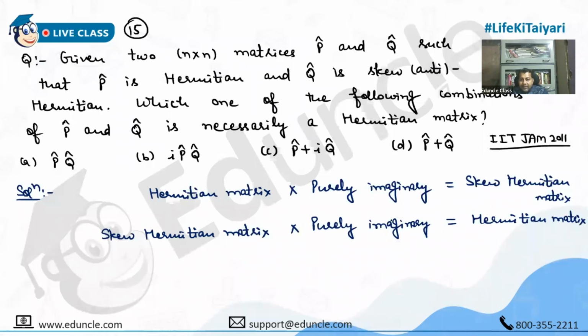So P is already Hermitian. Q was skew Hermitian. So by multiplying Q by iota, we can get it to be Hermitian, and we know that the sum of two Hermitian matrices is Hermitian. Is it clear or not?